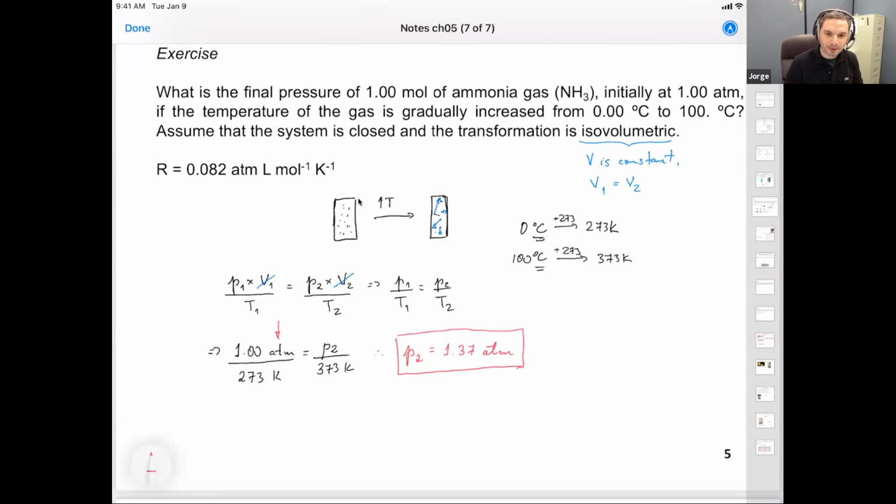So therefore, going through the equation just confirmed our initial hypothesis that the pressure increased. Okay, so we started from 1 and went all the way to 1.37 as a result of heating up the sample. And that's how you solve any problems related to gas transformations.